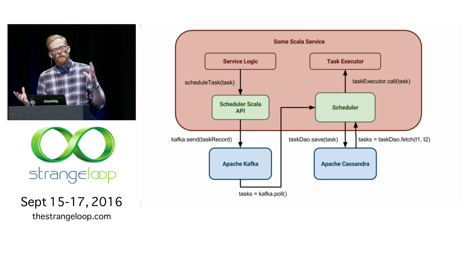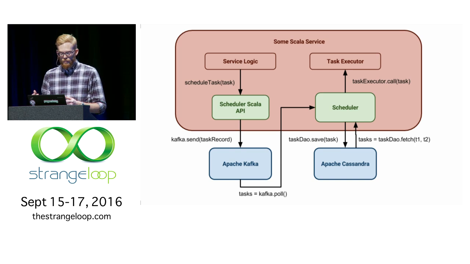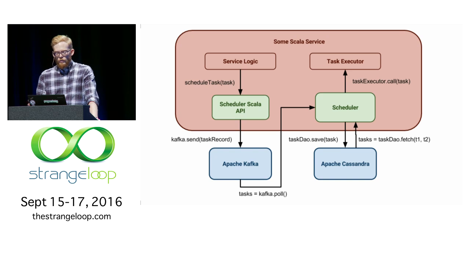And then this combination of in-memory tasks from Kafka and fetched tasks from Cassandra is executed by calling a task executor defined by the encompassing service. So you, as the library user, need to define how the tasks are executed, and that's how we get away with not serializing any task logic. Now, this looks somewhat similar to the old version, but a major change here is having Kafka in the mix as well as Cassandra.